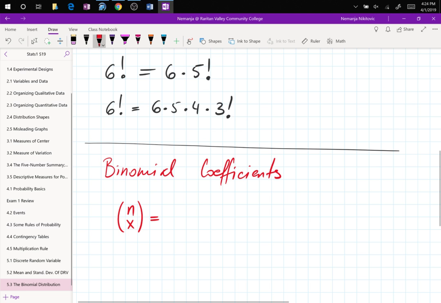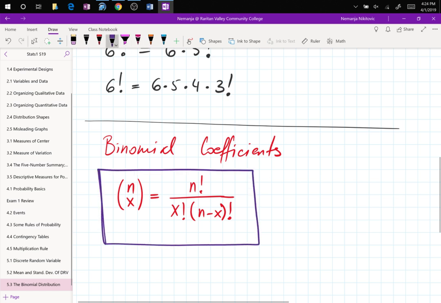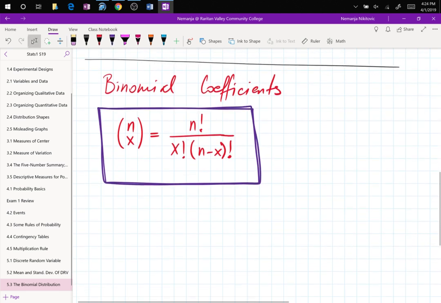It's just notation for binomial coefficients. And the formula to compute this monstrosity is this one. So these would be your binomial coefficients. Now we'll see where all this falls in place.